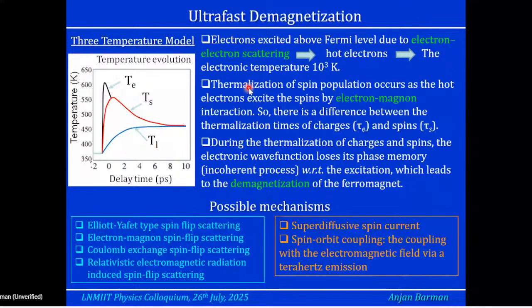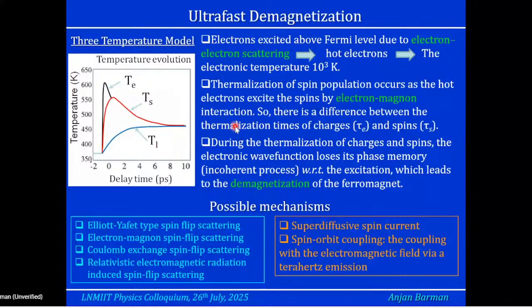And then there will be thermalization of the spin population using the Boltzmann distribution. These hot electrons excite the spin by electron-magnon interaction. The spin temperature will also rise because the electron is now transferring its energy to the spin. So it has a phase lag, and the spin temperature is slightly smaller than the electron temperature.